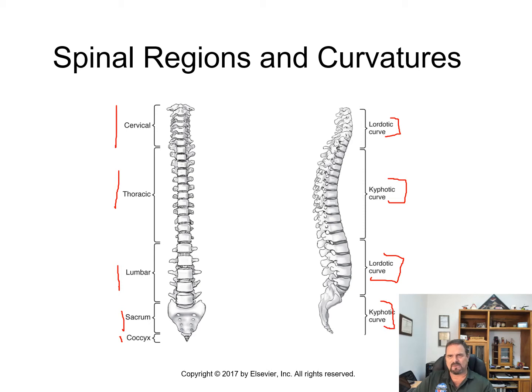One is in, as you can see, kyphotic, and it bulges outward basically. You see a lot of people with kyphosis, elderly people. Then you have the lordotic curve of the spine in this direction, and finally the kyphotic curve here in the sacrum.